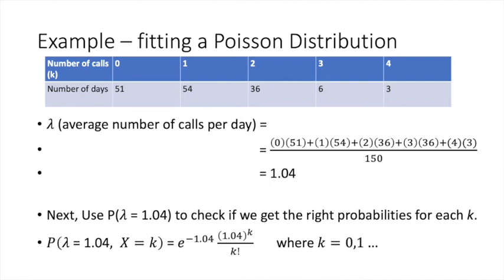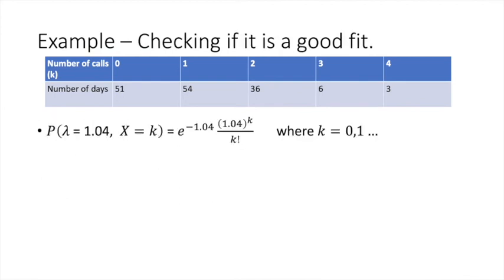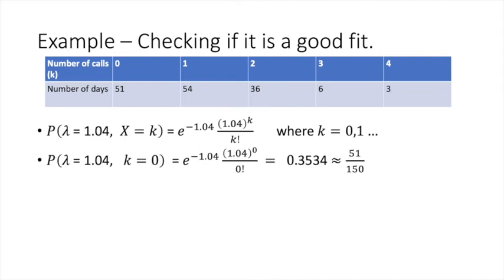This formula is now showing on your screens, and we have to find the probabilities for x getting different values of k, where k begins at 0, 1, and so on. Okay, so let us begin with k equals 0, and if we substitute the values, the answer is 0.35, which is approximately the same as 51 divided by 150. This matches the observed data, as we can see from the table above.